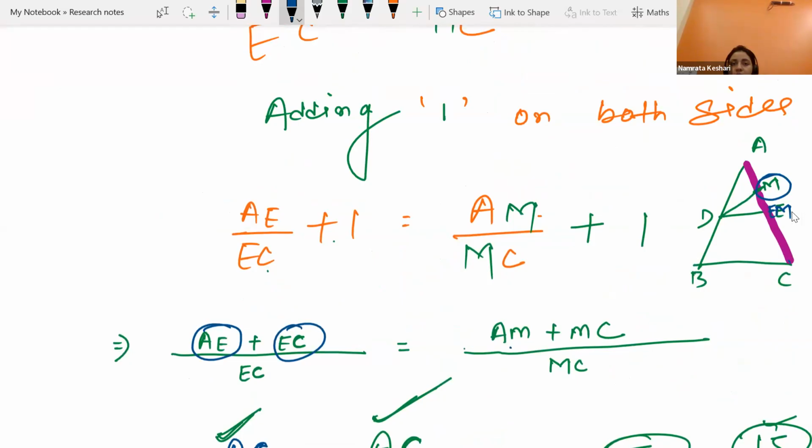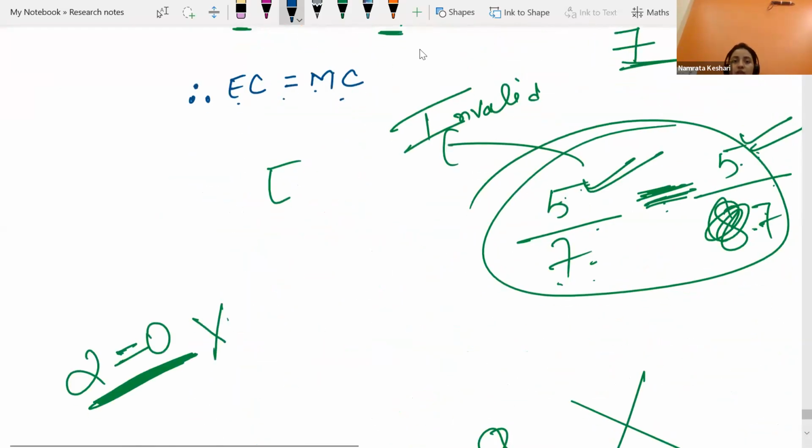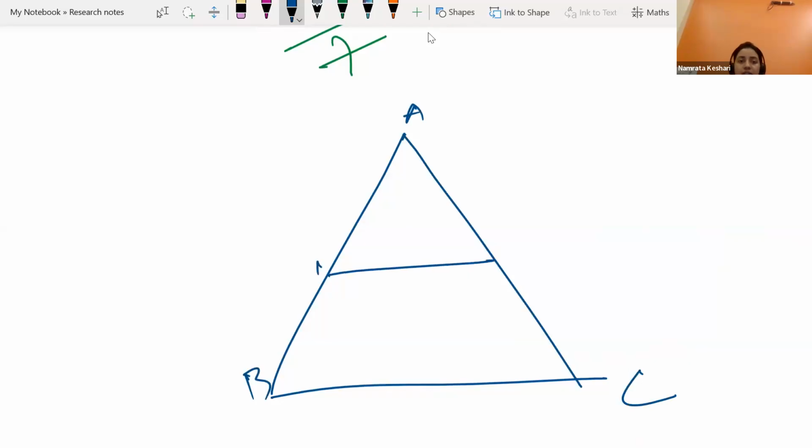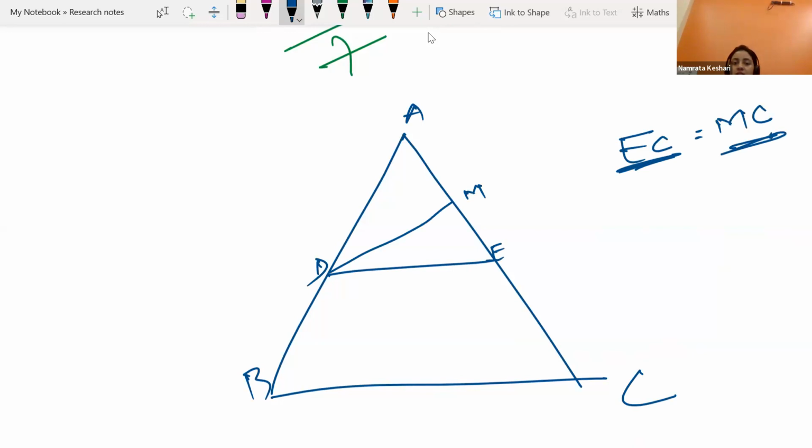We are trying to say that in our figure ABC, here we had DE and we took a point M. We are trying to say that the distance, the length of EC, and the length of MC are both the same. Is this the same in the figure? No, it will only be the same when M and E are the same point. Am I making sense?